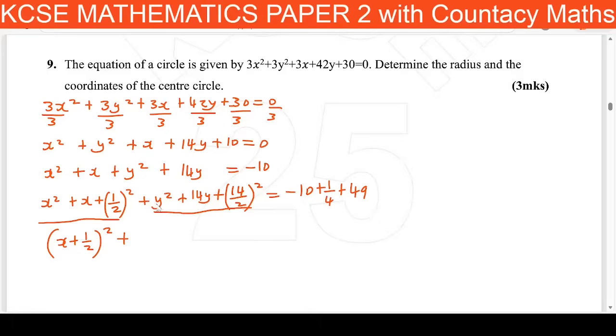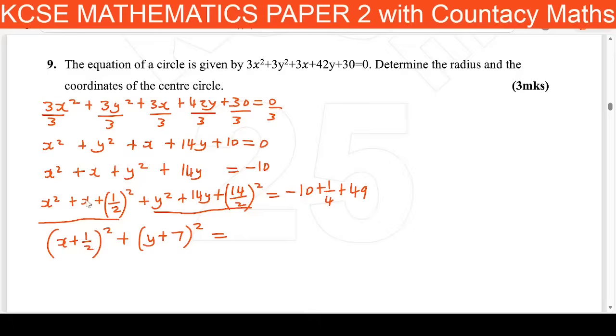So you get a y, which is here, plus now this 7 squared is equal to. So here's the interesting part. You see, if you open up this, you will get this equation. So this equation is similar to this one. How do you open this equation? We usually take the first term, we square it to get x squared, and then we multiply everything 2 by x by a half.